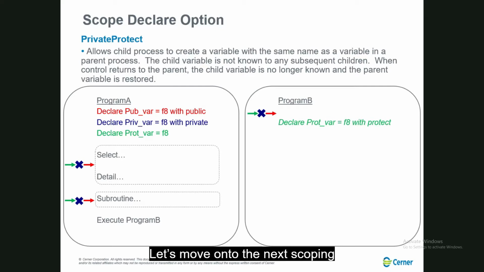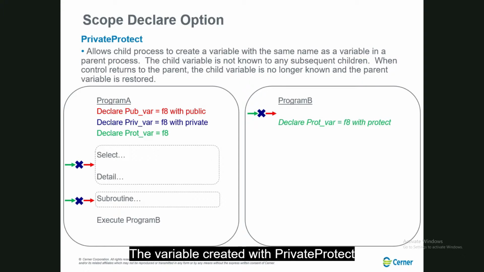Let's move on to the next scoping declare option, private protect. This scoping declare option creates a very restrictive scope. Private protect allows a child process to create a variable with the same name as a variable in a parent process, much like the protect scope.